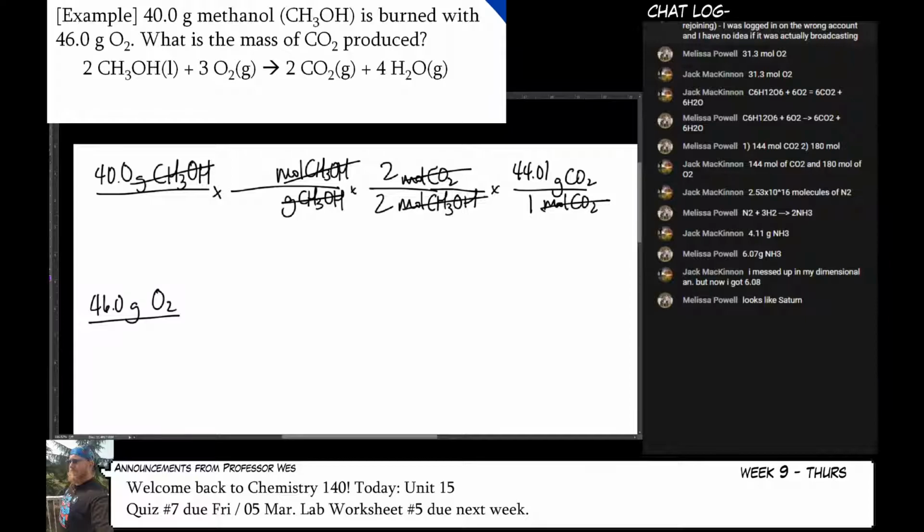CH3OH, 32.04. Okay, so 40 grams of methanol can eventually make how much CO2? So let's find out. 40 times 44.01. So these 2's just kind of cancel out, right? We don't need to worry about them. So I got 54.9.